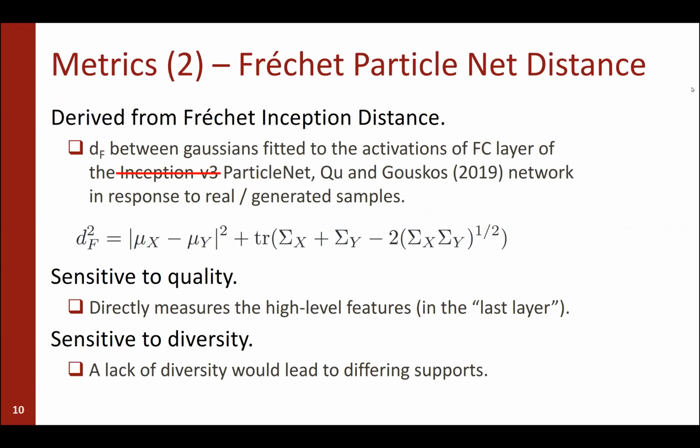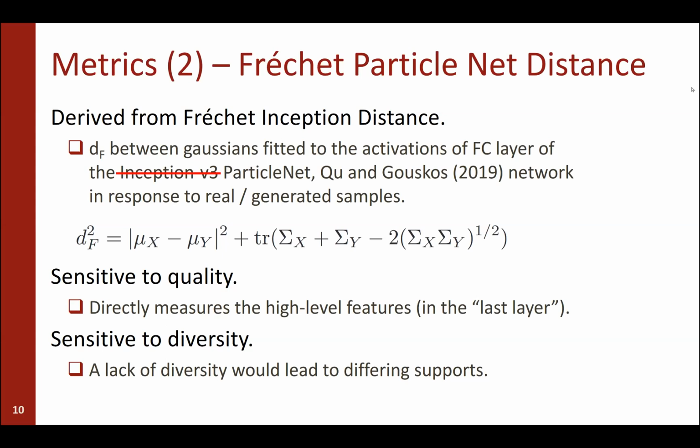Another metric is what we invented in this paper. They call it Frechet ParticleNet distance. And what's the Frechet ParticleNet distance? It's something that we derived from the Frechet inception distance, which is for the famous Inception V3. So what's the idea? You calculate the Frechet distance between real and generated samples.